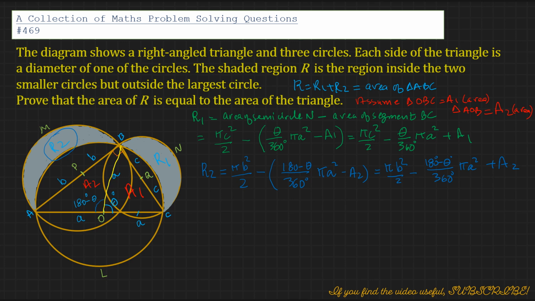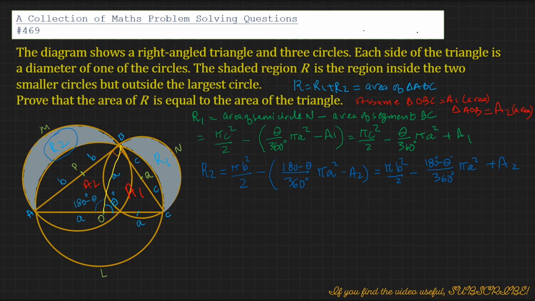So now we have to add R1 plus R2. Before doing that, there is another thing that we have to do in triangle ABC. The triangle ABC is right angled, so we can write here that triangle ABC is right angled.